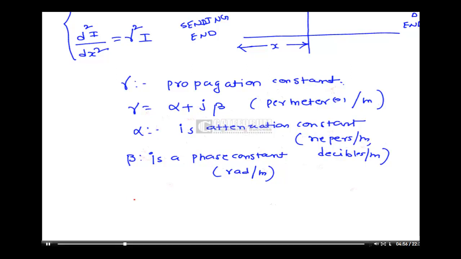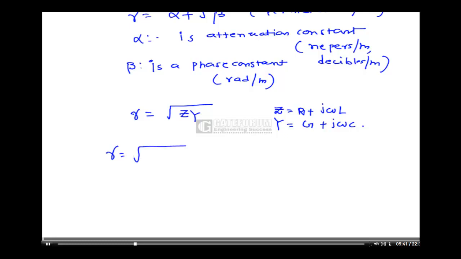How we can relate this gamma in terms of basic parameters or primary constants is like this: gamma is equal to square root of Z into Y. We know that Z is the series impedance, Z is equal to R plus j omega L. Y is equal to G plus j omega C. Therefore, gamma is equal to square root of (R plus j omega L) into (G plus j omega C).